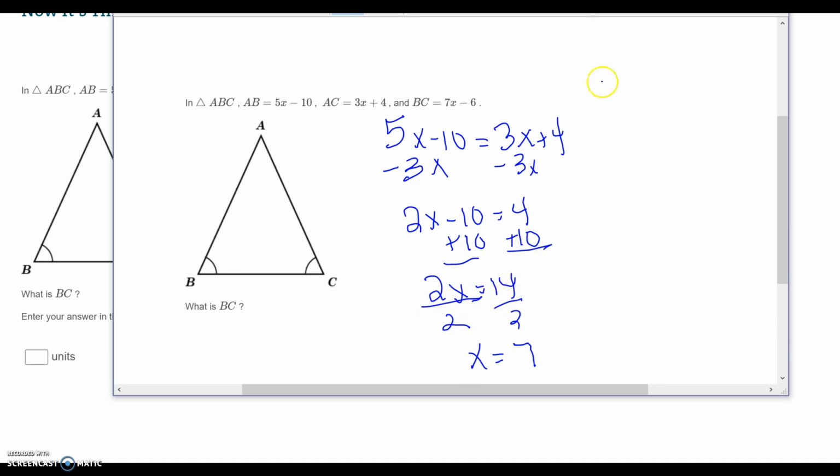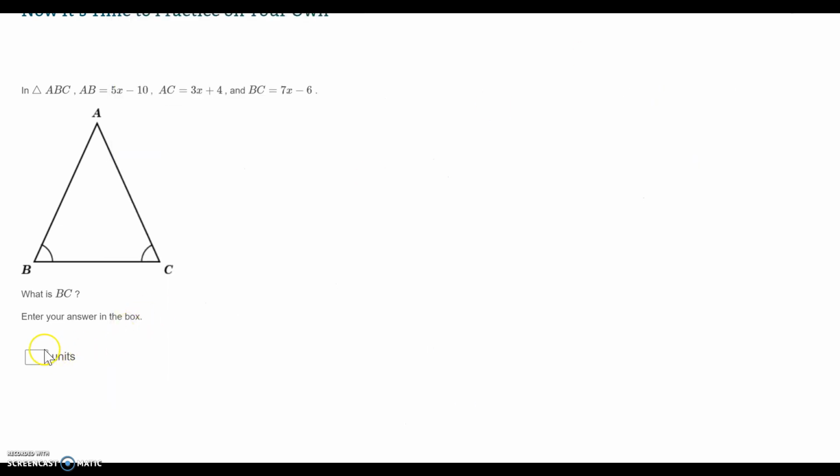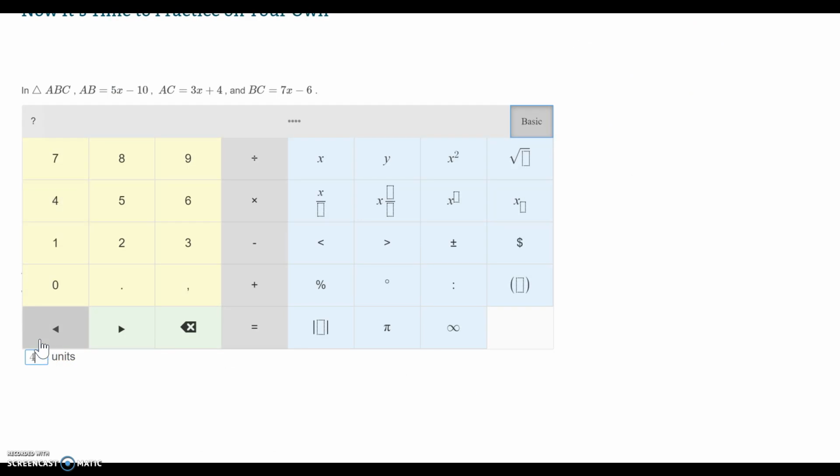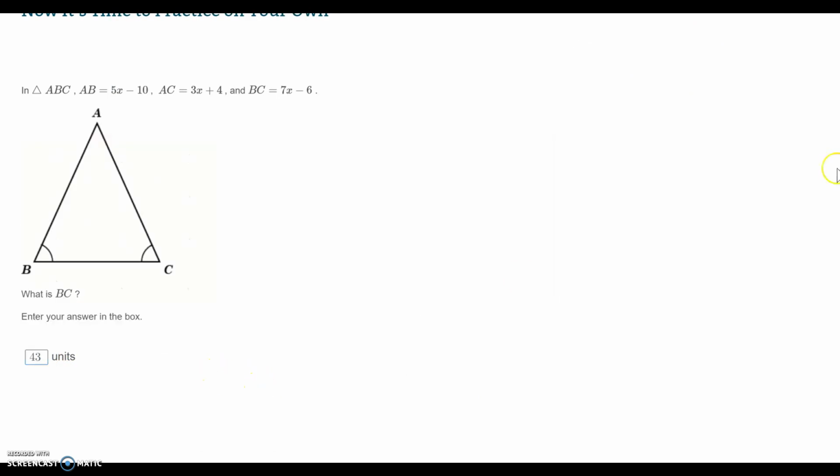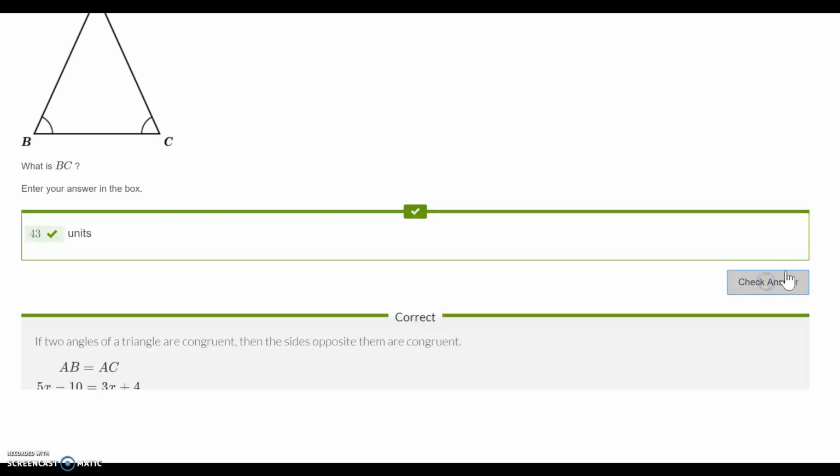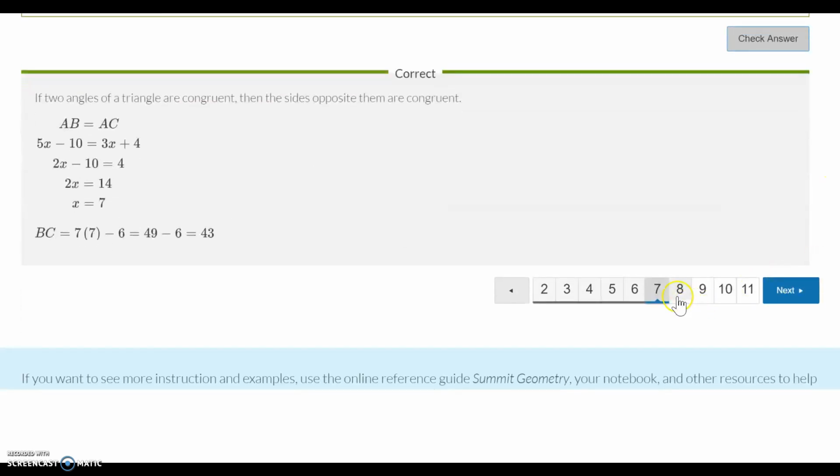So we plug in 7 for x in BC, so 7 times 7 minus 6 equals 49 minus 6, 43. There's your explanation.